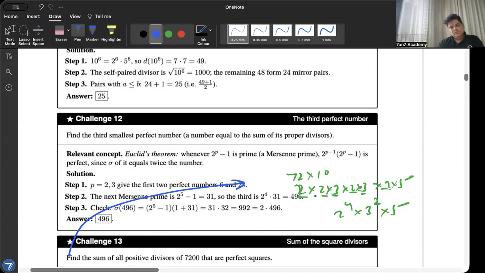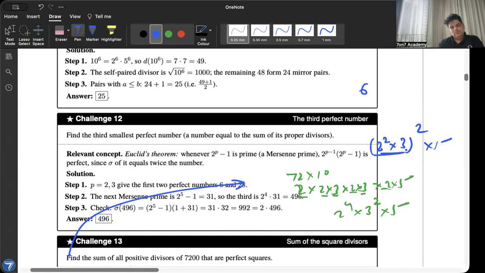Okay, so the rule for perfect square divisors is like you write 2 raised to 2 into 3 raised to 2 into 5, and get the factors of that. There are 6 factors of that.